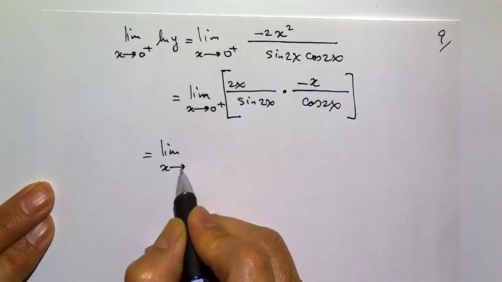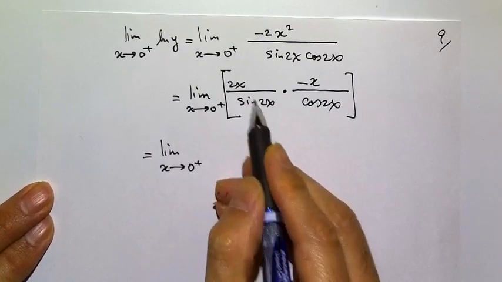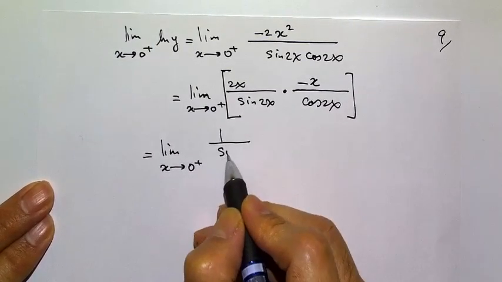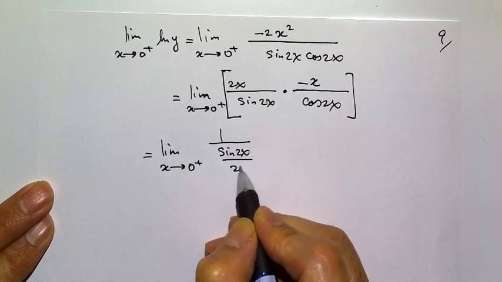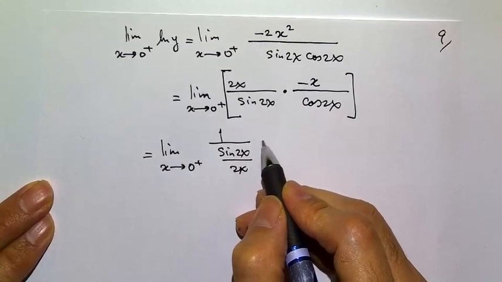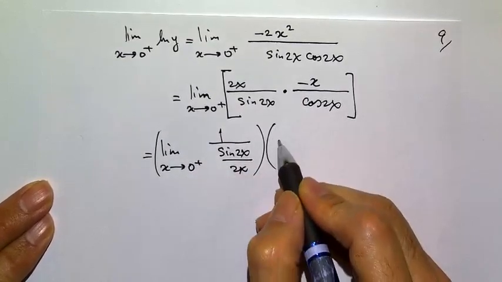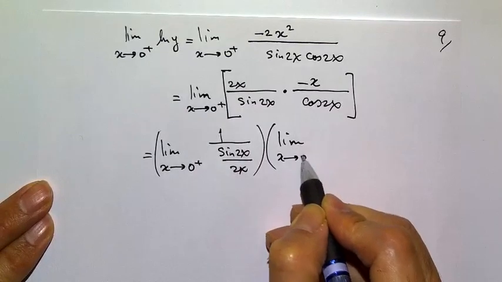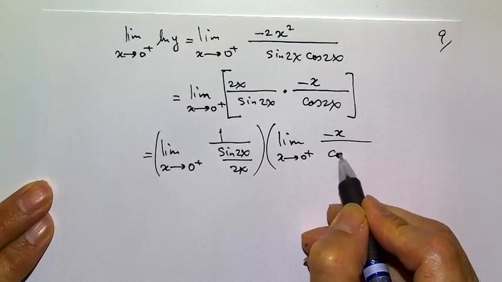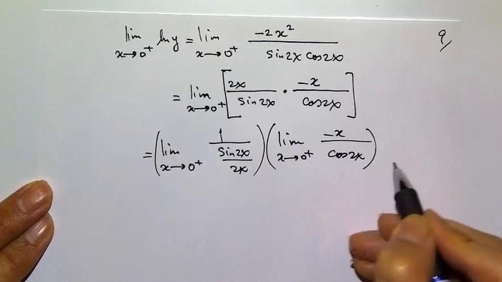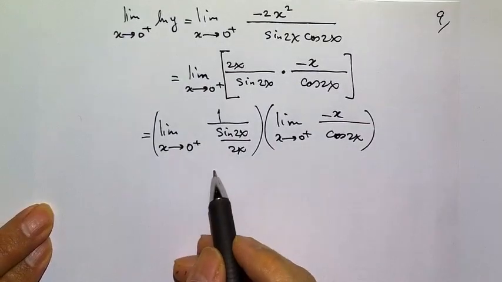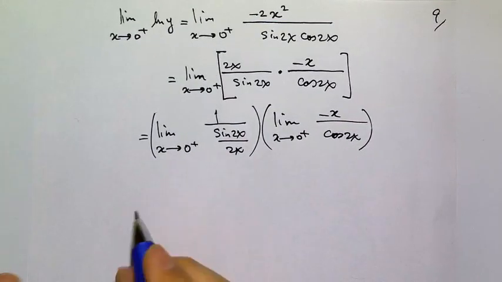Something interesting happens here. This one, we can rewrite as 1 over sine of 2x over 2x, right? By flipping, 1 over that gives us that back. So that times the limit as x goes to 0 from the right of negative x over cosine of 2x.